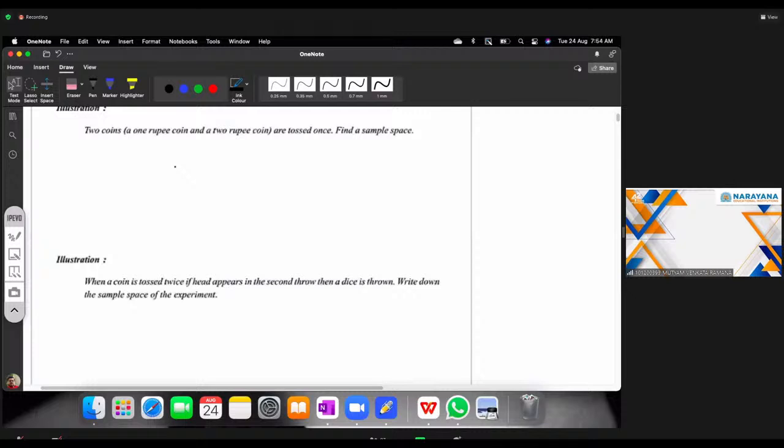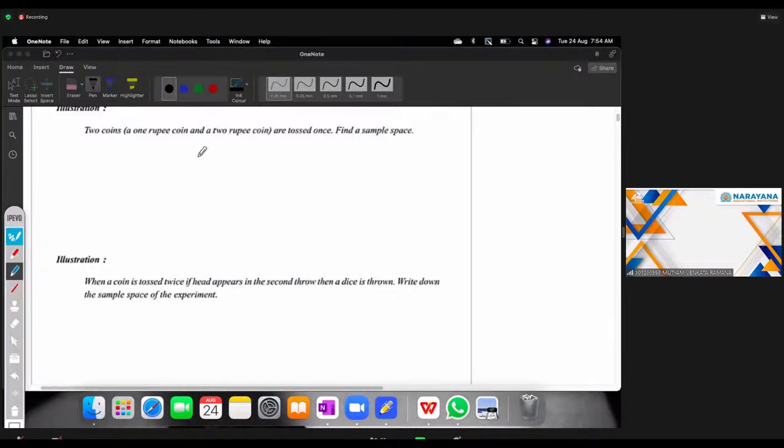What is the sample space? So I will write the sample space like this: here the 1 rupee coin, here the 2 rupee coin.